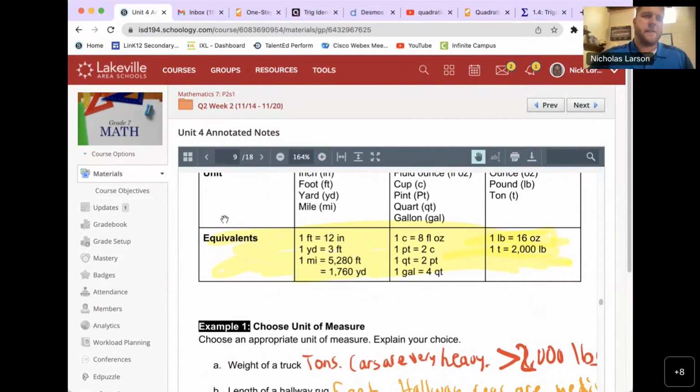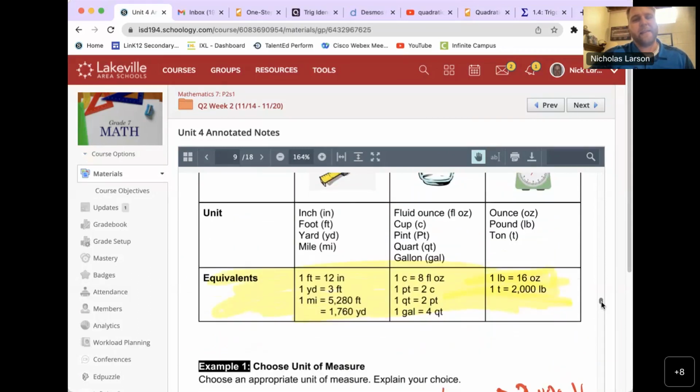You'll use these throughout your math career and potentially even in your life. So 1 foot is the exact same as 12 inches. We may know that 3 feet equals a yard. If you're a football fan, in football, they talk about yards. And then 1 mile is equal to 5,280 feet or 1,760 yards. So those are all distances, lengths.